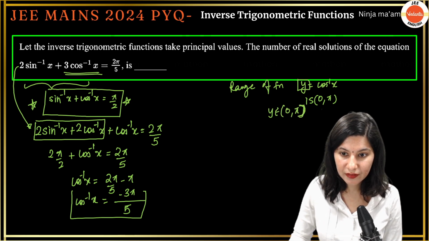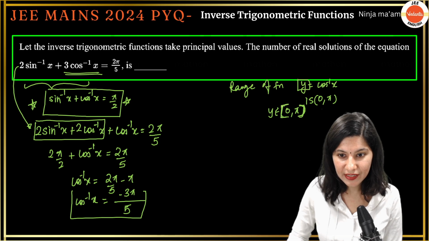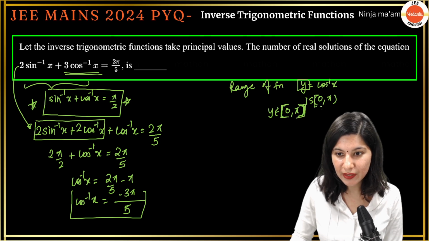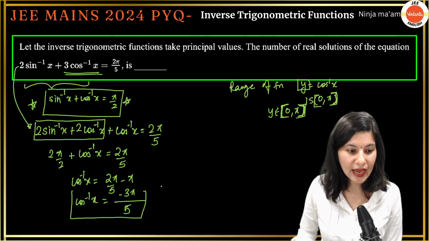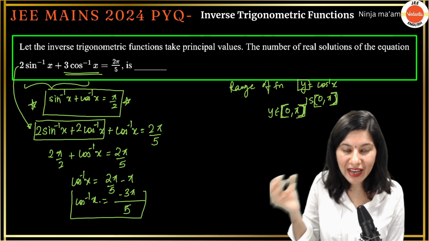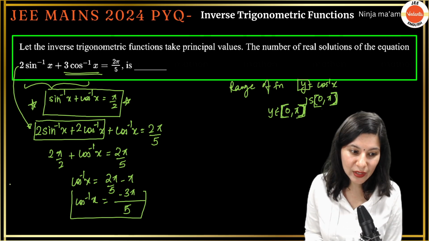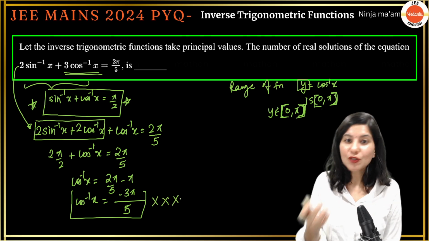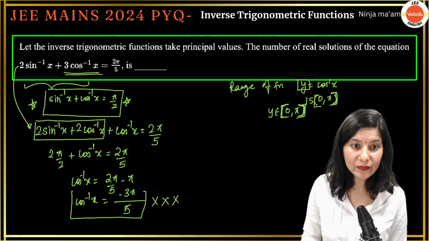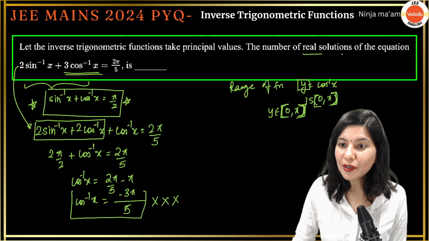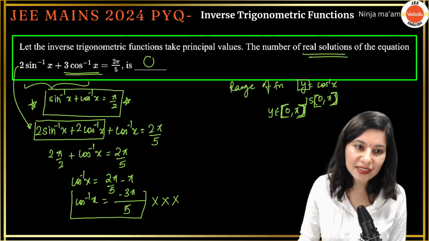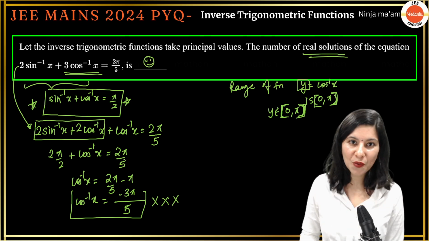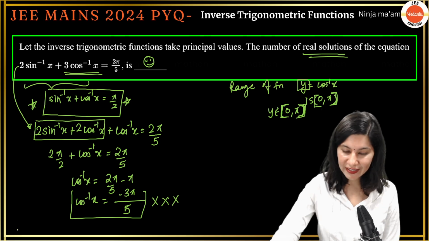Okay. 0 to pi, 0 be close, pi be close. And can you see, cos inverse x value cannot be negative. So cos inverse x is minus 3 pi by 5, which is actually not possible. Okay. So if it is not possible, the number of real solutions will be 0. All right. Okay. Clear?